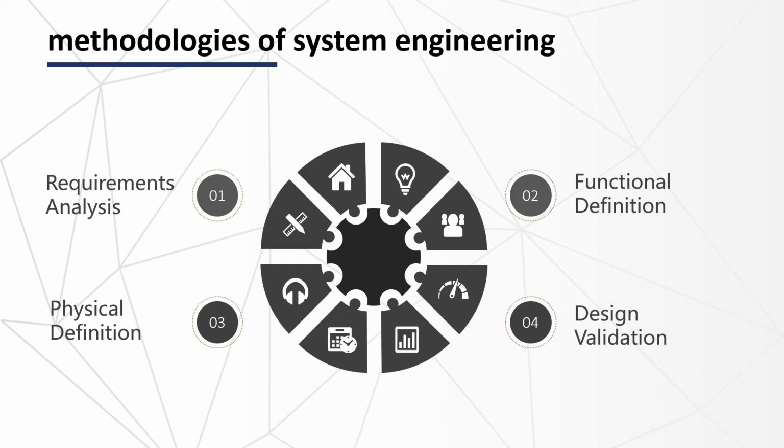After the introduction of the background of MSI, now let's jump into some methodologies of system engineering, which I have learned in this course. The first part is requirements analysis. The second part is functional definition, the third part is physical definition, and the fourth part is design validation.